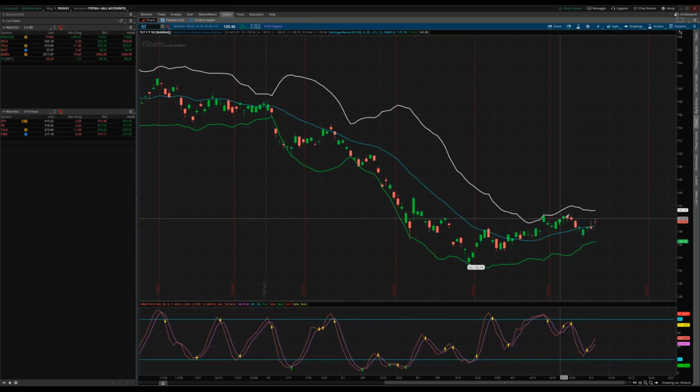TLT has really not been moving that much. Right here was another one. But when it happens, again, it'll show up on your scan, and then you can decide, like this was wide enough, that'd be like, well, yeah, I'm going to at least get it back to that mean, right? Make sense? AMD on the daily, sure.